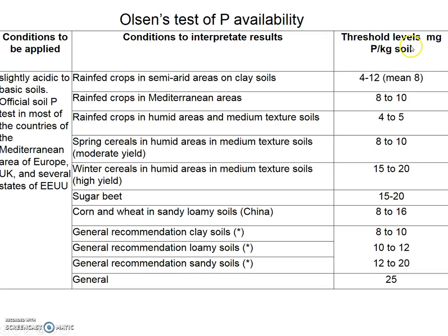Here we show the threshold levels expressed as milligrams of phosphorus per kilogram of soil depending on the conditions. We can have values as low as 4 ppm in rain-fed crops, in humid areas and medium texture soils, up to values of 25, which would be a general recommendation, a safe value for phosphorus concentration.